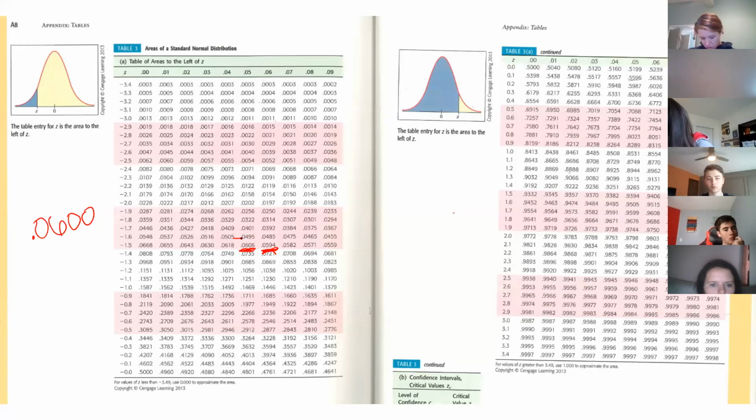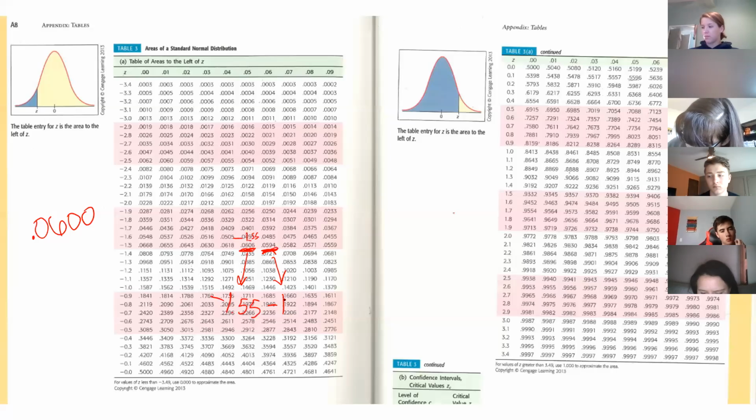Because 0.0606 and 0.0594 are both 0.006 away from the number we're looking for. Yeah, they're both, so that's negative 1.55. This is negative 1.54. So it's going to be right in between these two because they're both 6 off.